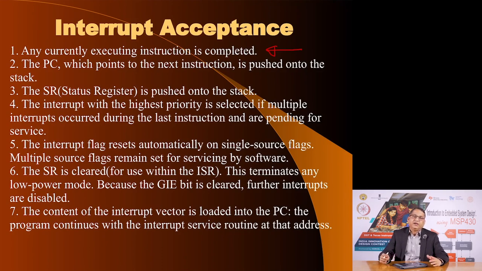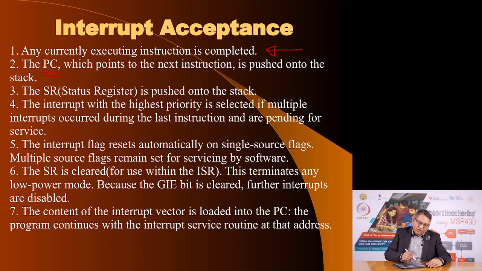Also, once the interrupt is recognized, if there was no interrupt, the microcontroller would have gone to the next location to fetch the next instruction and execute it. But now, because an interrupt has happened, it must store the value of the program counter somewhere, and this somewhere is a memory location in the RAM, a special region in that RAM, which we call the stack.